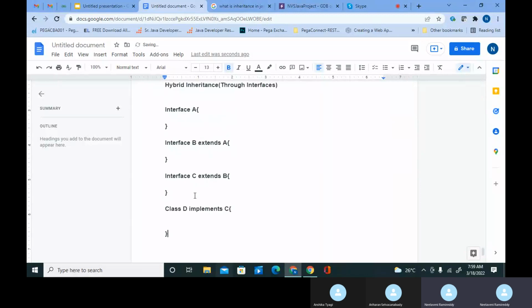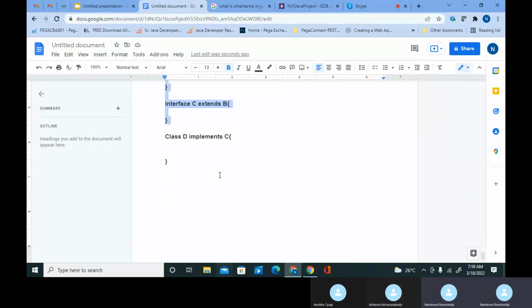How many things are implemented here? C interface and B interface, indirectly A interface also. So three interfaces we are going to implement in a single shot. This is what they are telling here. This is a hybrid, right? It's not a single thing, right?